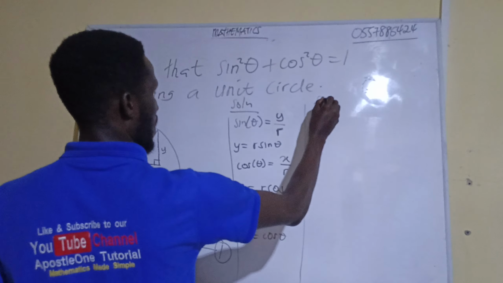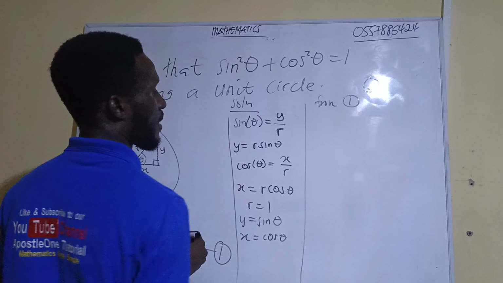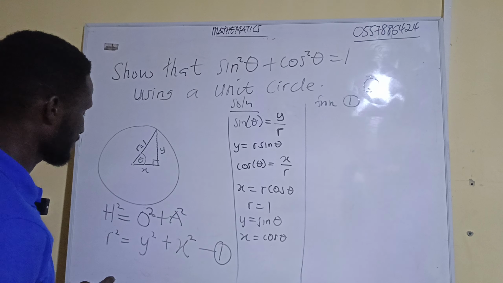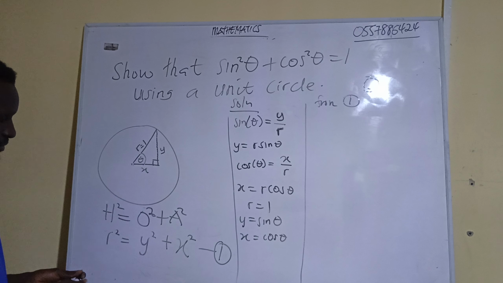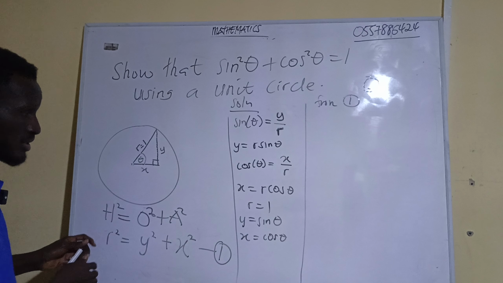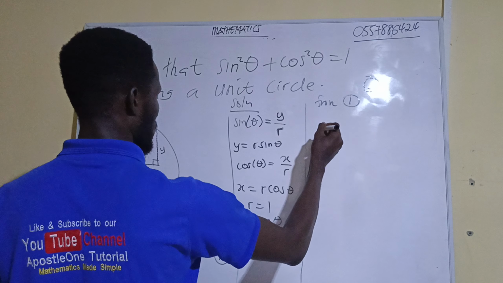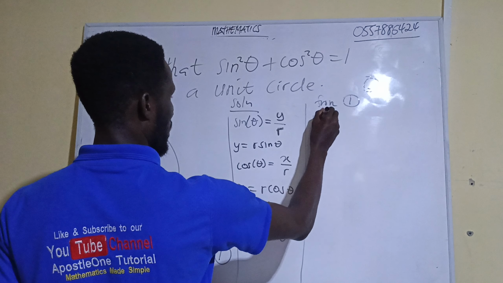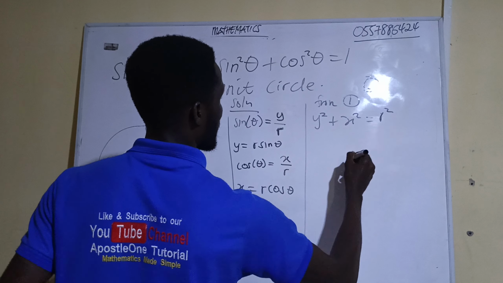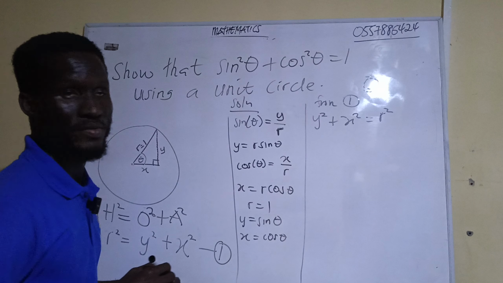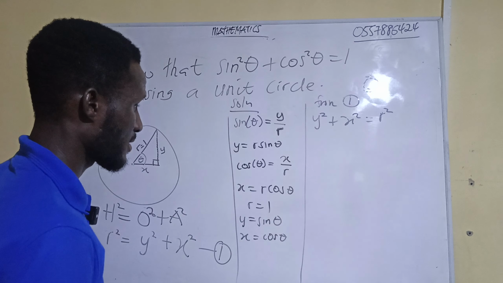Now from equation 1, we have r squared is equal to y squared plus x squared. Don't forget that r is equal to 1.